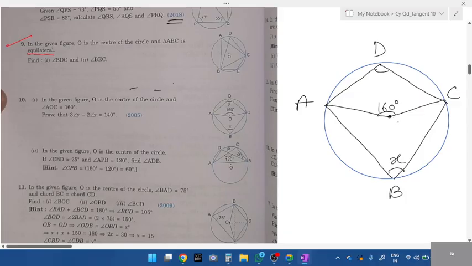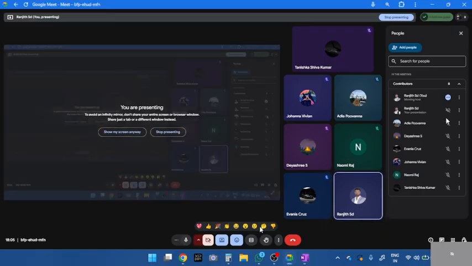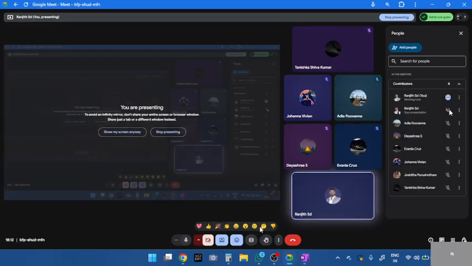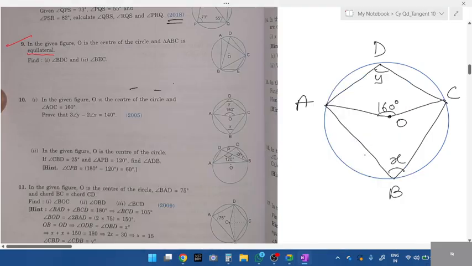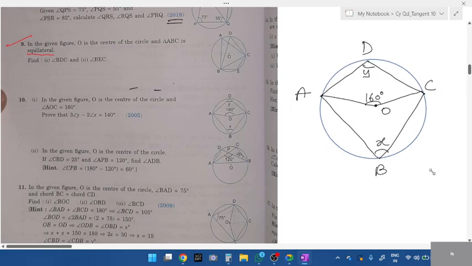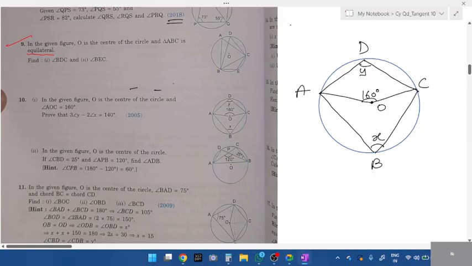X, 180 degrees and 0. They have given Y. Okay, 10th main, first one.